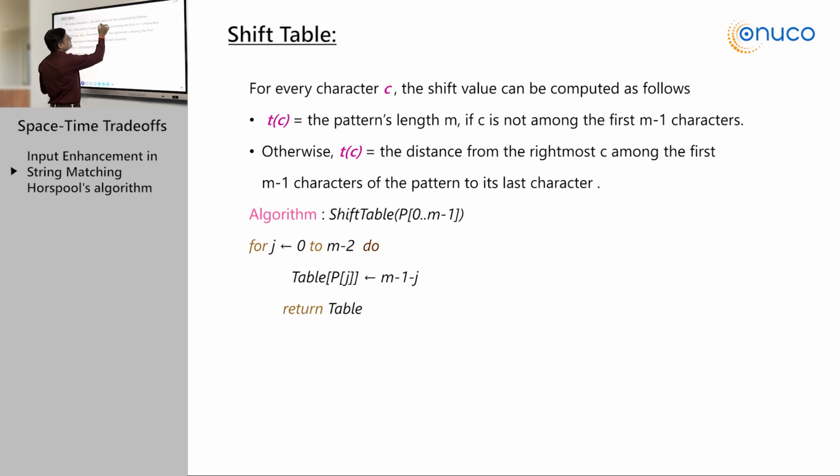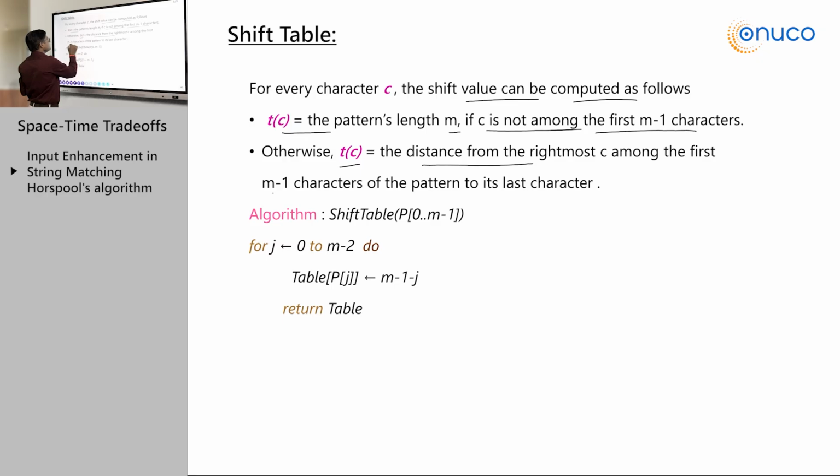For every character C, the shift value T of C can be computed as follows. With pattern length M, if C is not among the first m-1 characters, then T of C is equal to the pattern length M. Otherwise, T of C is equal to the distance from the rightmost C among the first m-1 characters of the pattern to its last character.